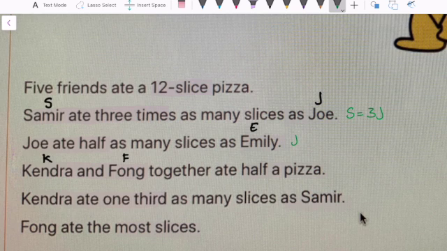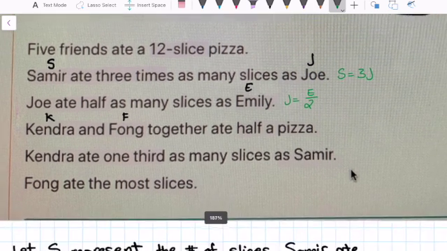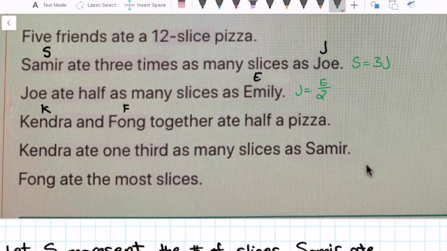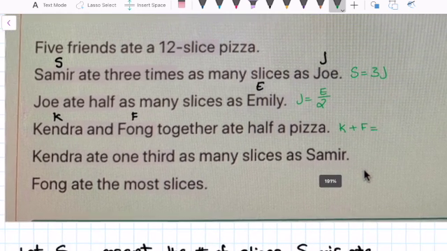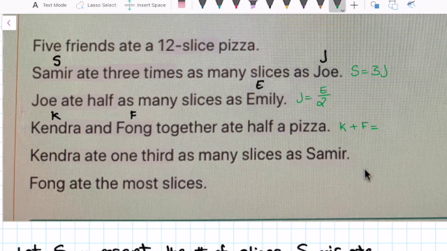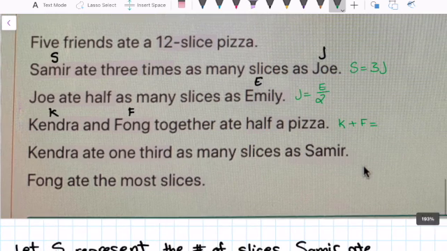So J equals E over 2. Then we have Kendra and Fong ate half the pizza together. So this we could have K plus F equals half the pizza, which would be 6 slices because 12 divided by 2, and that 2 represents half, is equal to 6.